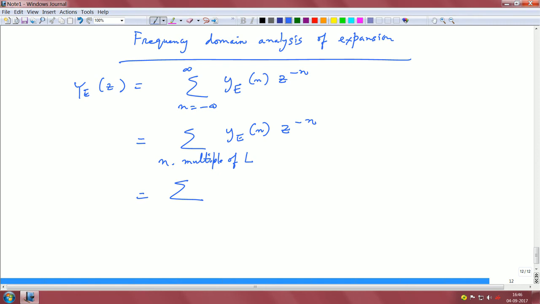and I introduce a variable k which is going from minus infinity to plus infinity, and n is basically an integer multiple of L. So this is basically Ye of kL times z power minus kL, because n is a multiple of L, right, and therefore I bring that variable k into the picture, and now this is very easy for us to simplify, because we do not now have a hole here, unlike the decimator where we had this if-else clause, something for a multiple of n, 0 otherwise.